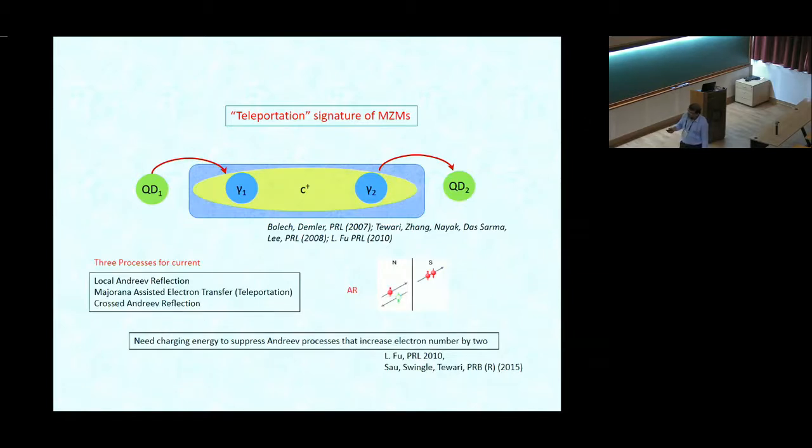That's the only fermionic state really that's available here. The electron cannot be localized by a Majorana fermionic state. It has to go into the fermionic state. And then you can, in principle, take it out from the other quantum dot, and that will produce a channel through which charge can flow in a topological superconductor like this. Now there are three ways charge can flow in a topological superconductor with Majorana fermion.